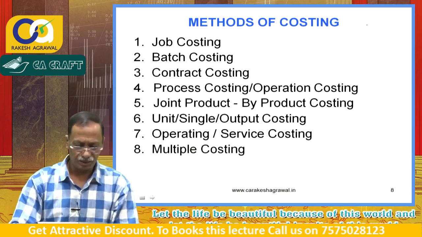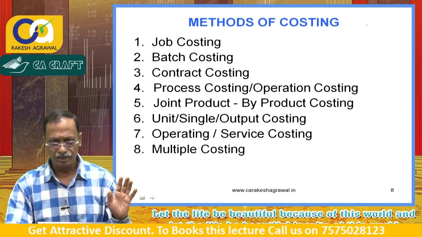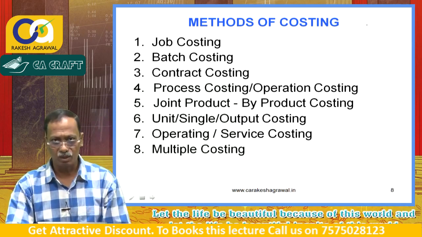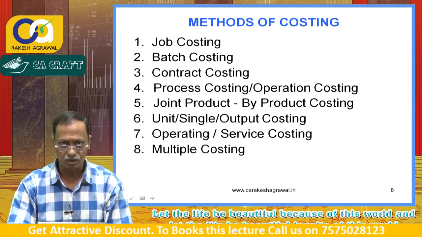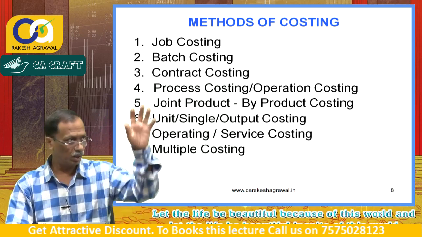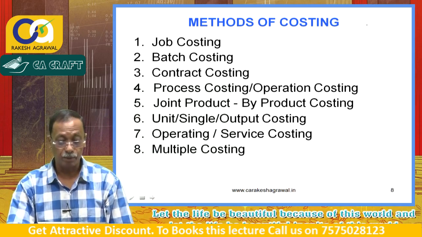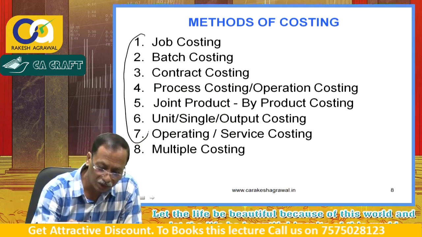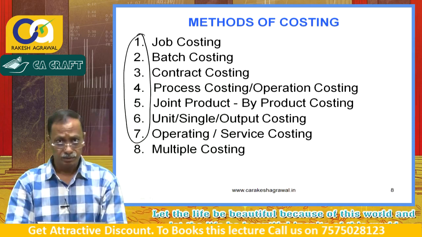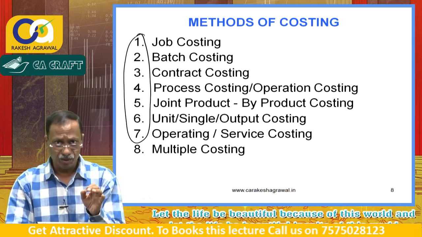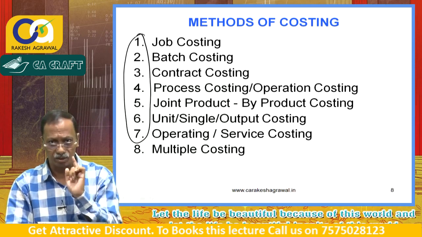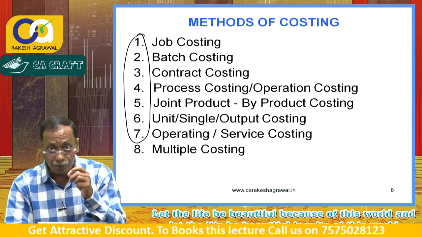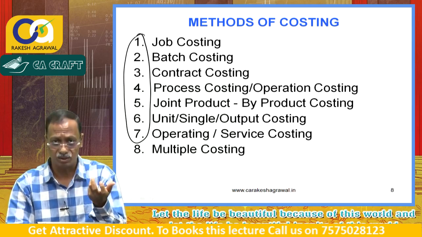And multiple costing. Please remember, my dear friend, there is no separate method called multiple costing. It means you will not find a separate chapter on multiple costing, but we use more than one method of costing together when, in a particular industry, we are unable to use a single method and have to use a combination of 1 or 2 methods of costing.